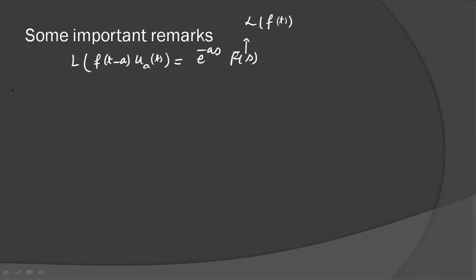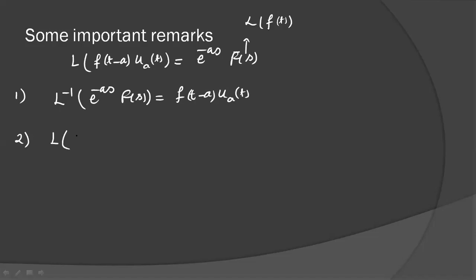Now let's see some remarks. First, what will be the Laplace inverse of e to the power minus as F(s)? It will be f(t minus a) u(t minus a) if we take the Laplace inverse. Now, can anyone tell me what is the Laplace of the unit step function?